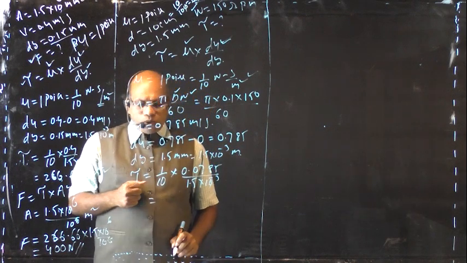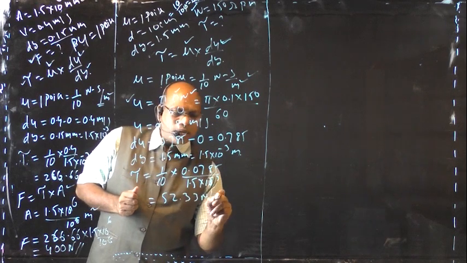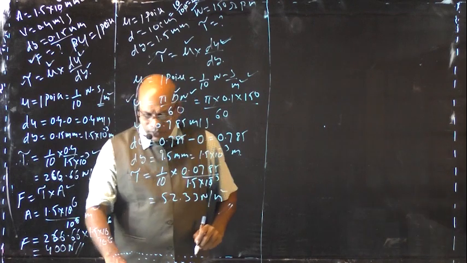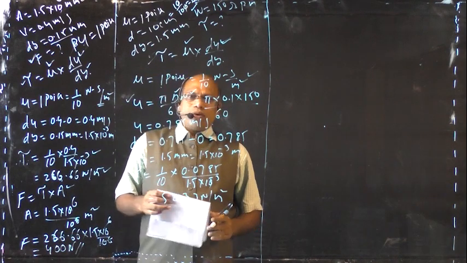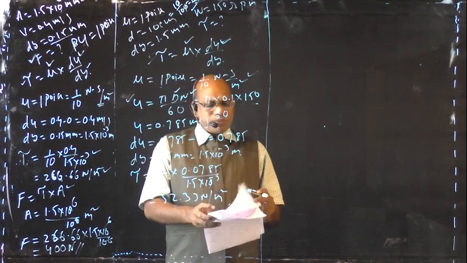Therefore shear stress tau is equal to 52.33 Newton per meter square. This is the shear stress. Okay, now we are going to solve one more problem related to the viscosity.